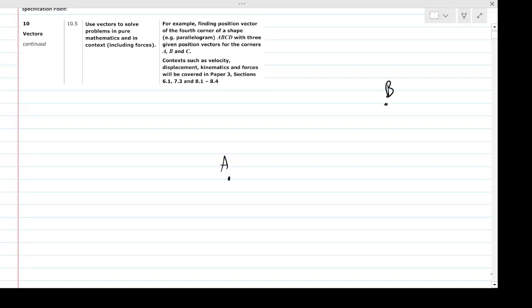And then imagine a person starts at A and then they walk along the line from A to B, and then we end up at point B. The distance would be the total length they travelled. Let's say that this person walked 10 metres. Distance is, say, 10 metres.